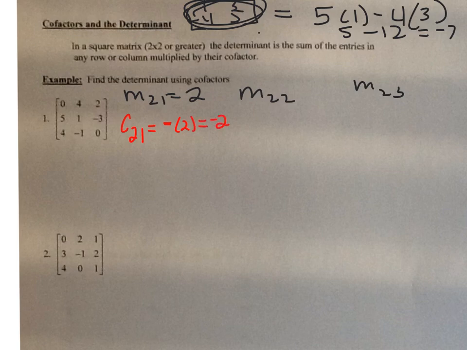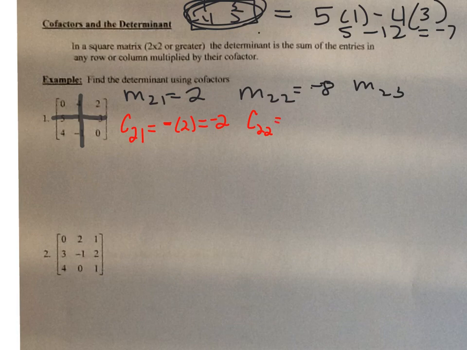All right, so now we need minor 2, 2. So it's row 2, column 2. So that's going to be 0 times 0 is 0, minus 4 times 2, which is negative 8. Here. And now my cofactor of 2, 2.